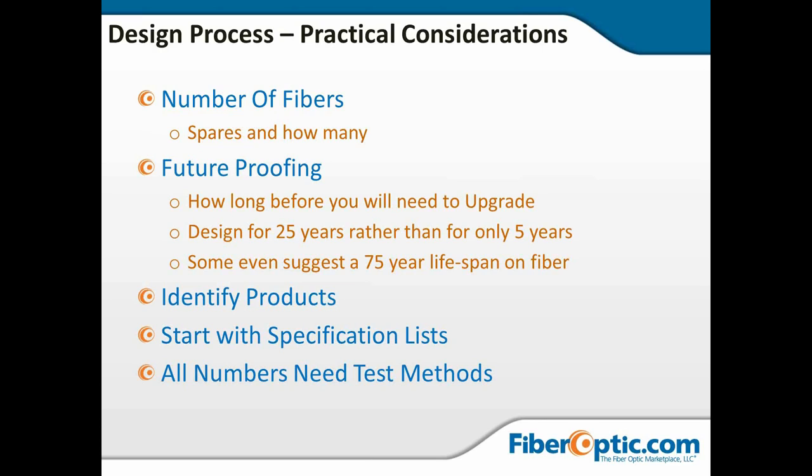Look at it this way. With the inside fiber, I've got some actual numbers. The Building Industry Consulting Services International, or BICSI, estimates the life expectancy of a commercial building to be somewhere around 70 to 75 years.